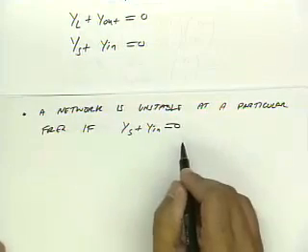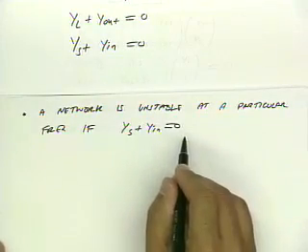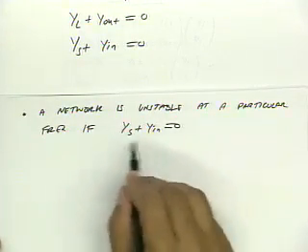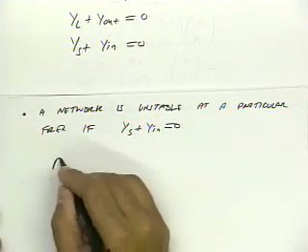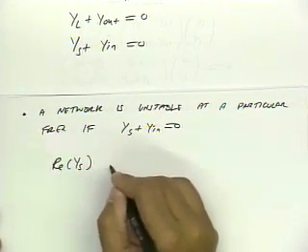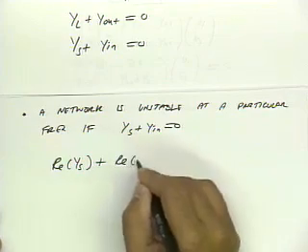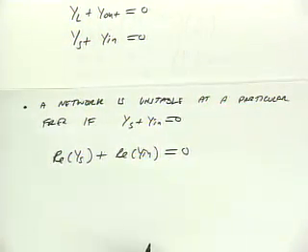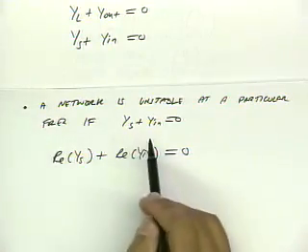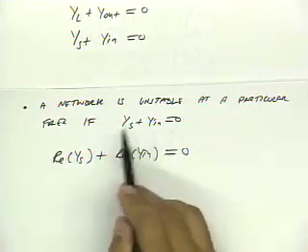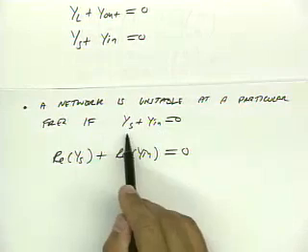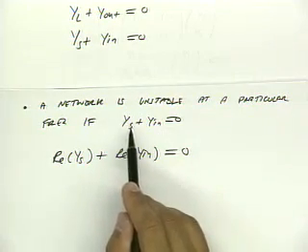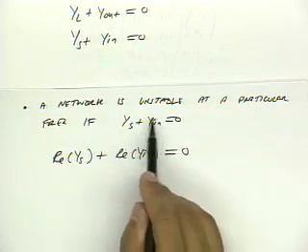Now, this condition has to be satisfied for both the real part and the imaginary part. In particular, if this is the condition for the real part, the imaginary part is trivial, right? I can always make the imaginary part of this equal to 0 by picking the source imaginary part to be the negative of this part.